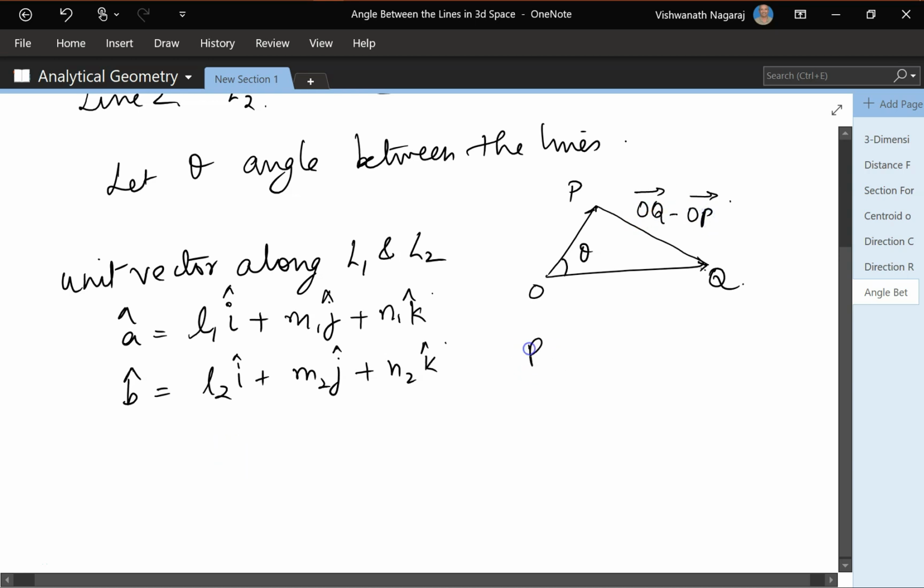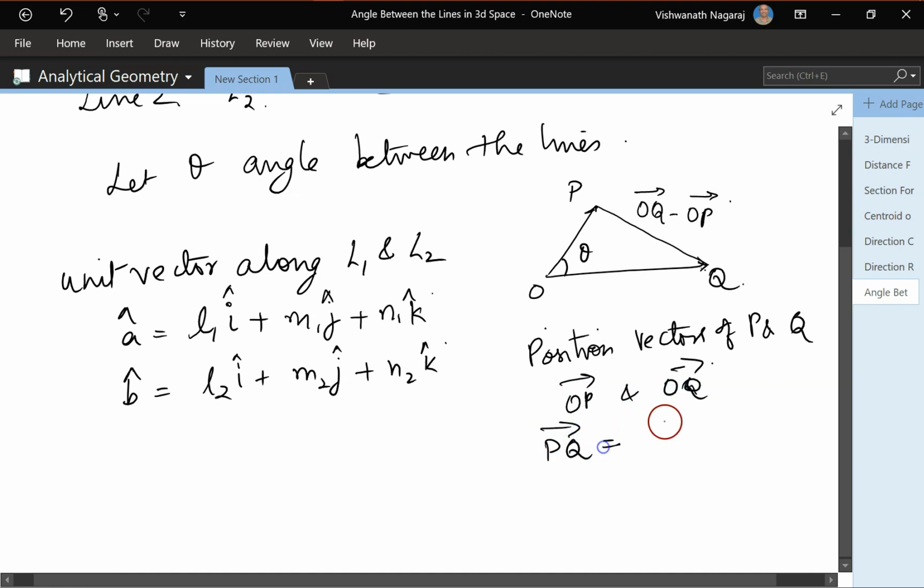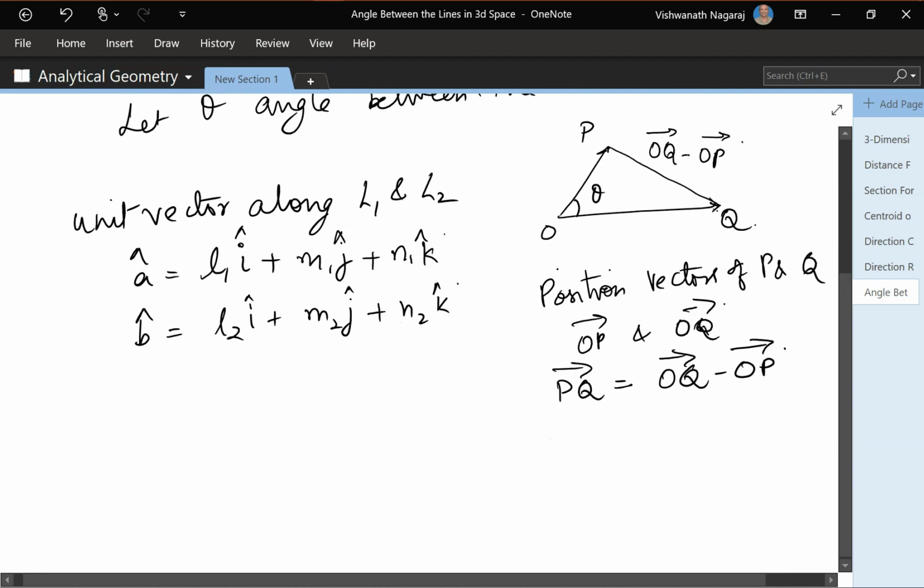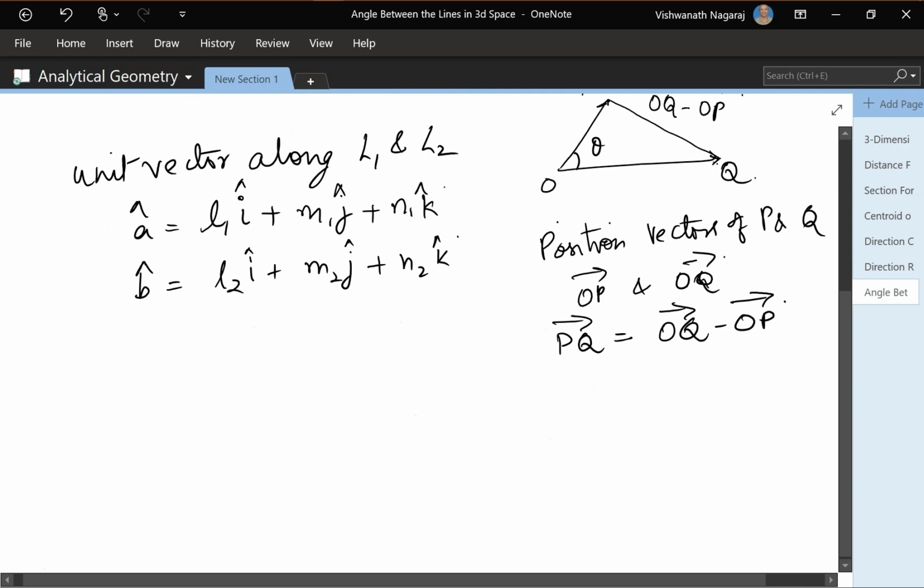Remember, the position vectors of P and Q are OP and OQ, so PQ would be equal to OQ minus OP. This is not a right angle triangle, so we can't use our normal trigonometric ratios. We have to use the cosine rule.